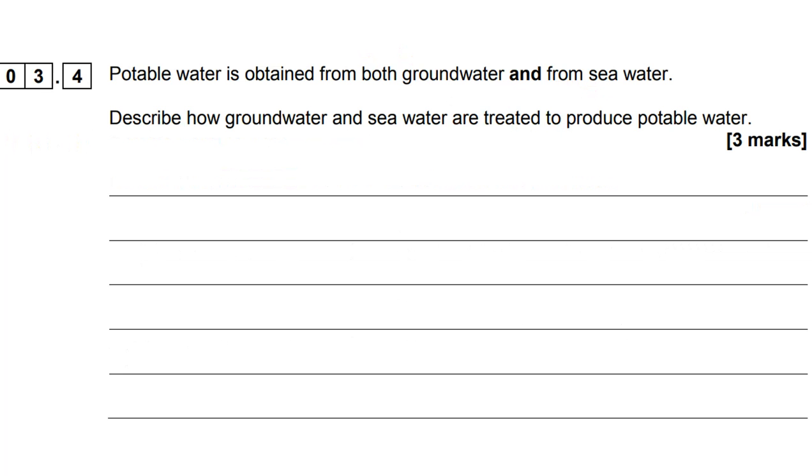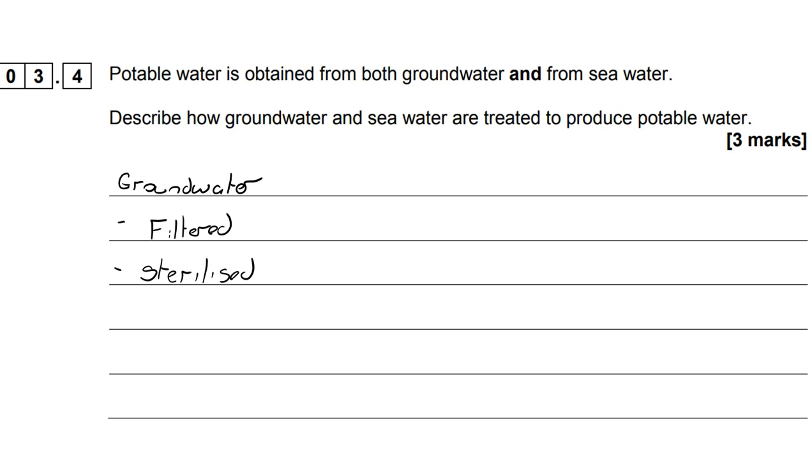Moving on to 3.4, potable water is obtained from both groundwater and seawater. Describe how they're treated to produce potable water. So this takes you back to probably flowcharts that you've seen, and we don't need to go into huge amounts of detail. But if you think about water going from a reservoir, we filter it, then we sterilise it, and at that point it's fit to drink.